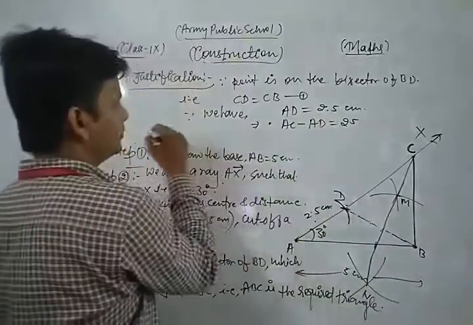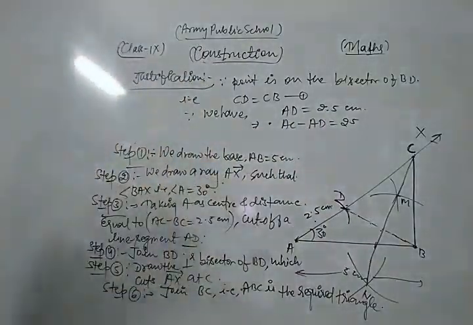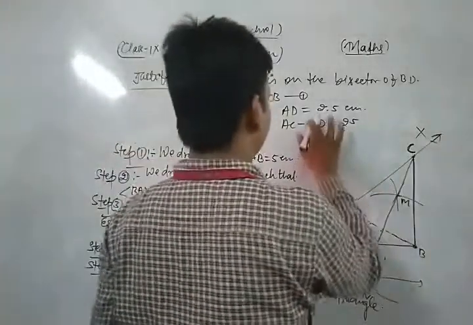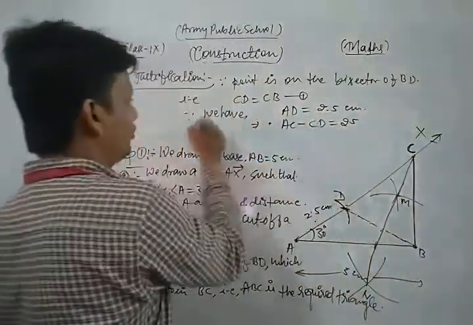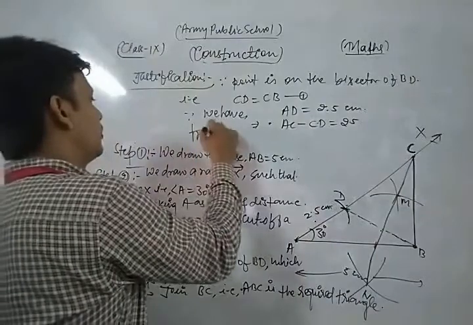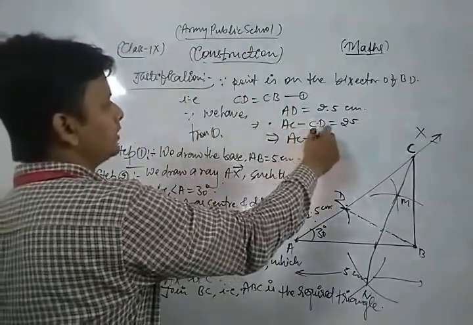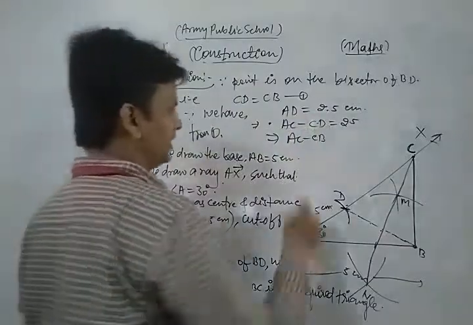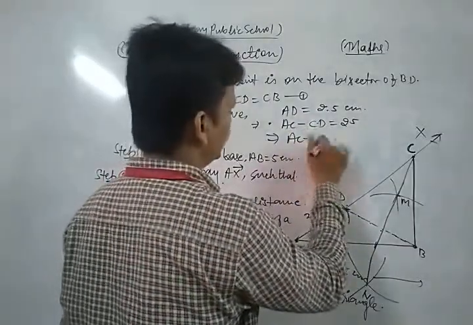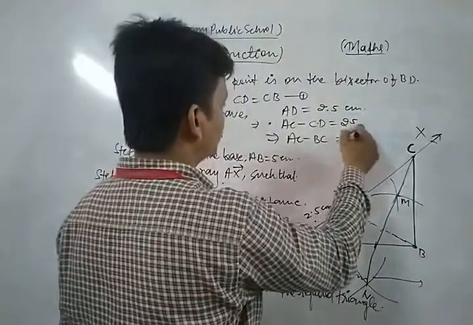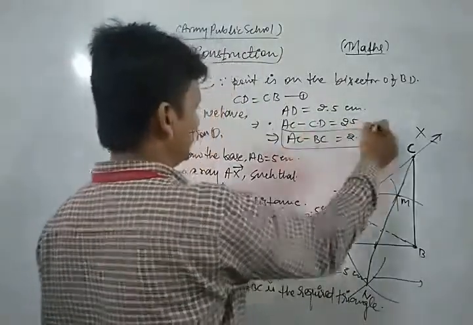Now from the first relation we put CD as CB. So AC minus CB, or BC, as you wish, is equal to 2.5 centimeter.